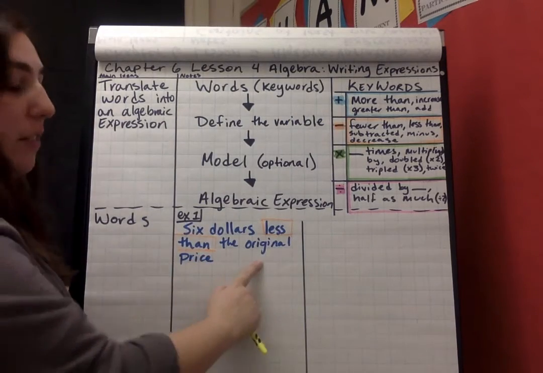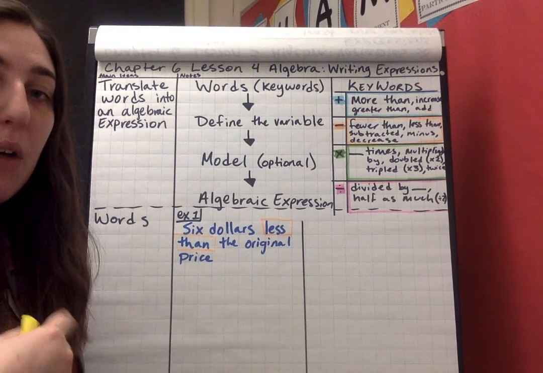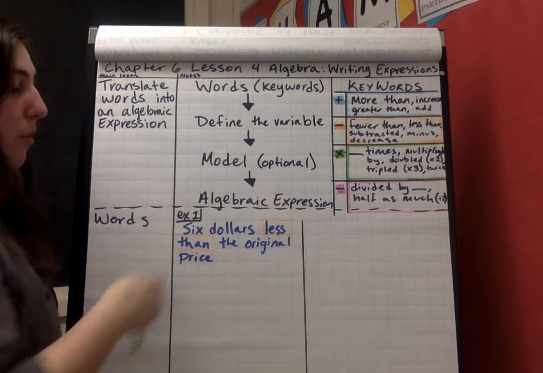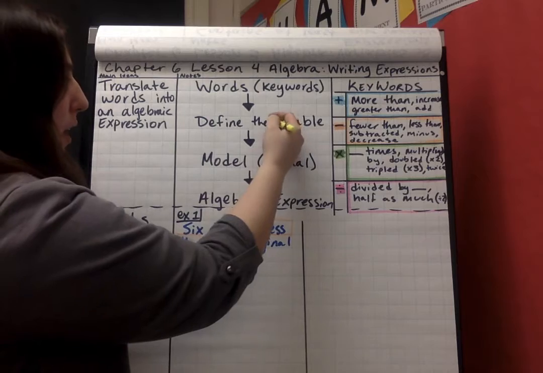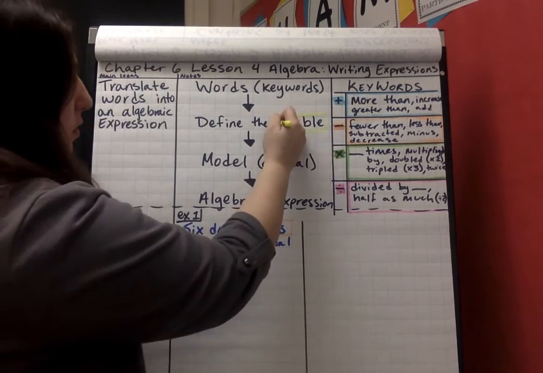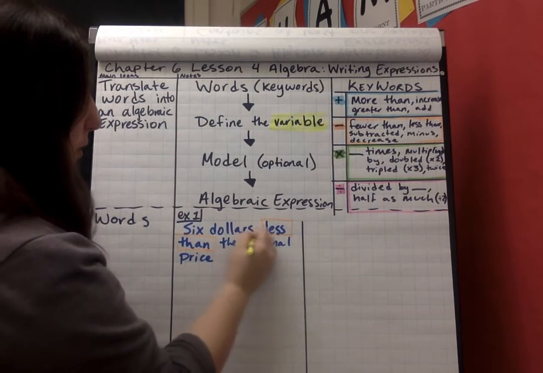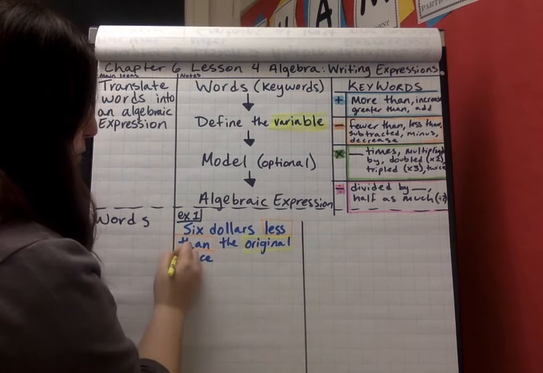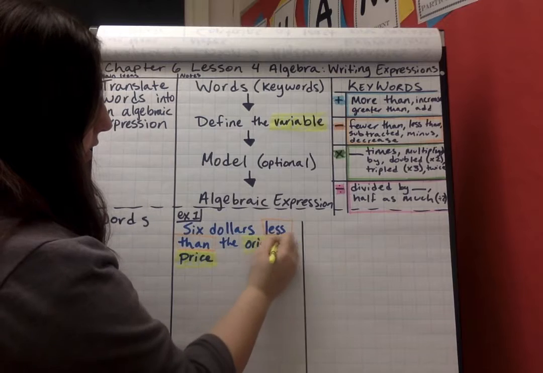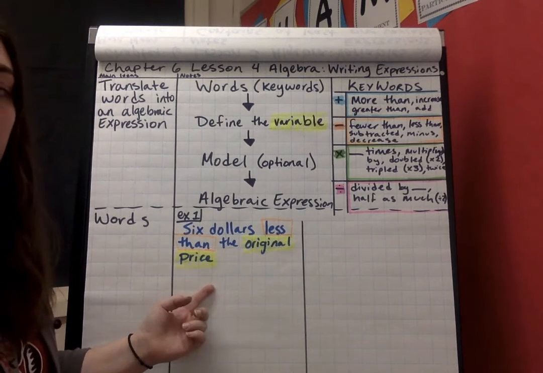Something else that stands out to me is the original price. We don't know how much the original price is. That's our unknown number. So that means that's our variable. I'm going to highlight variable. Okay, and then we are also going to be highlighting original price to say that this is something that we don't know, and this is what our variable is.